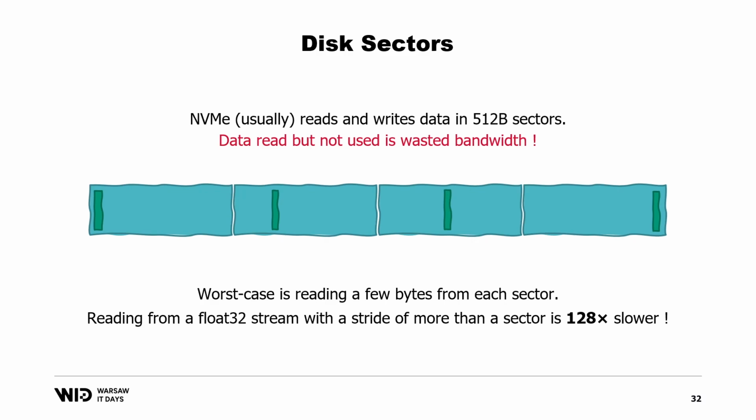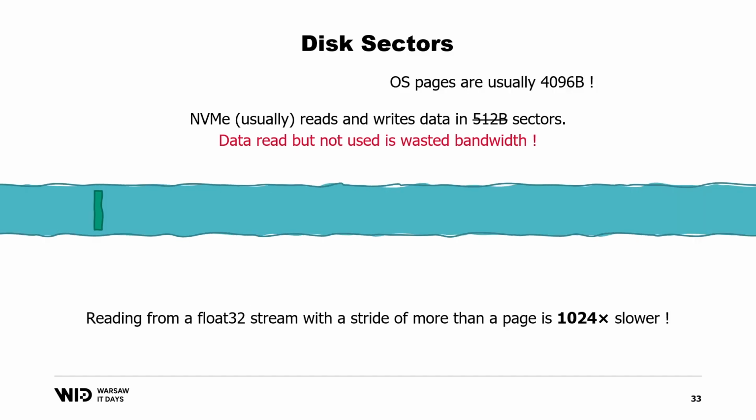The worst case is when you only read one or a few bytes from each sector. For example, if you read a floating point value from each sector, you divide your performance by 128. What's worse is that there is another unit of data grouping above the sectors, which is the operating system page.